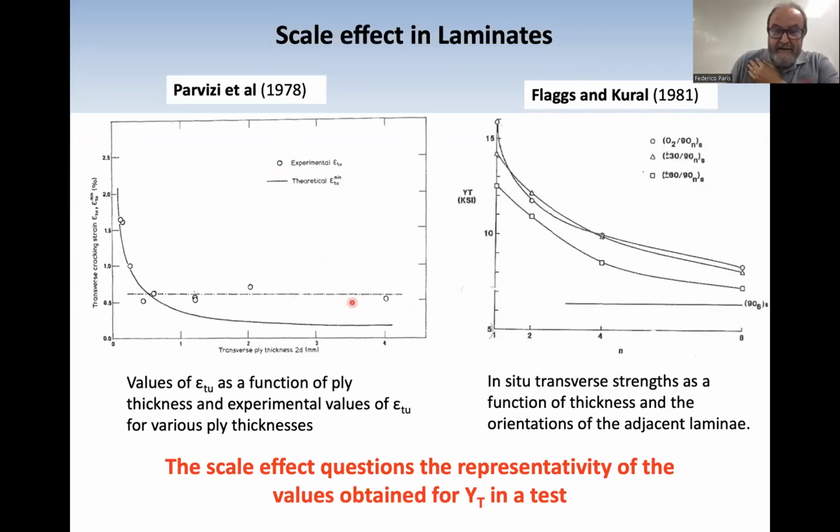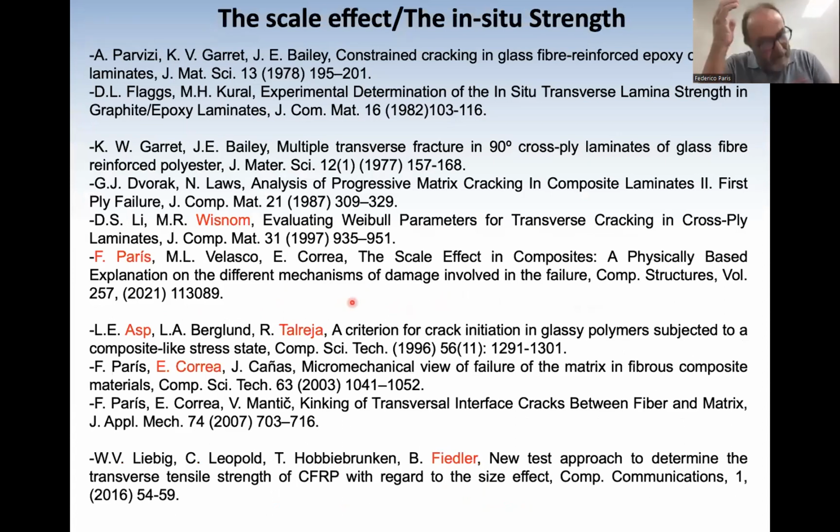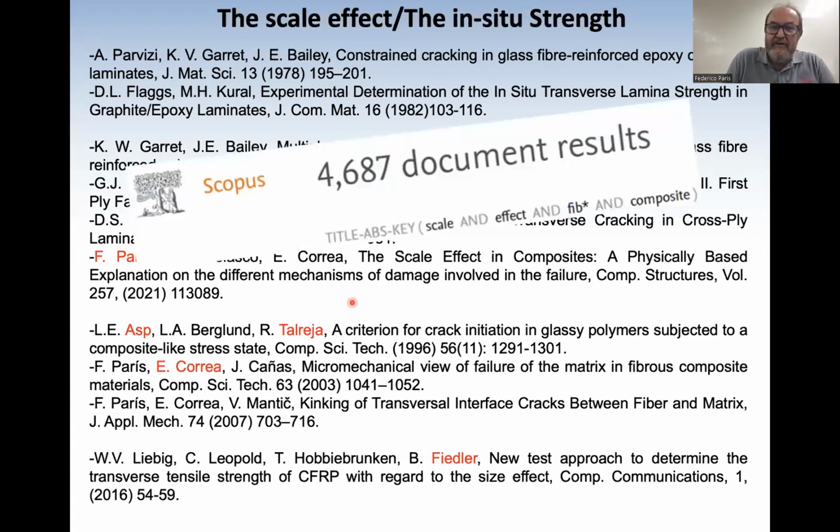Okay, and here you have some references that appear in our paper and also in the table of the 5-minute presentation. But this does not represent the enormous amount of publications. For instance, if you enter in Scopus and put scale effect composite, you will get this number of documents.